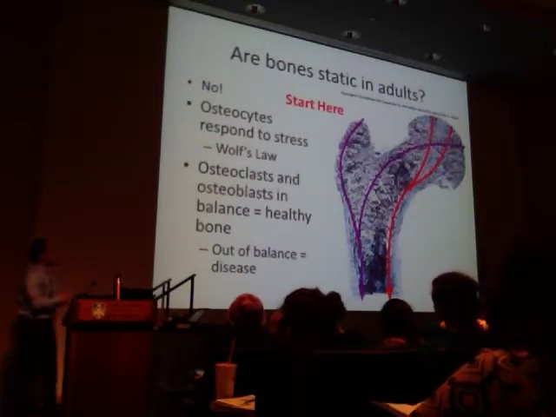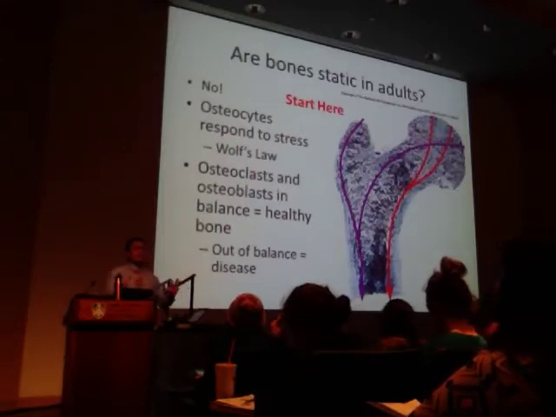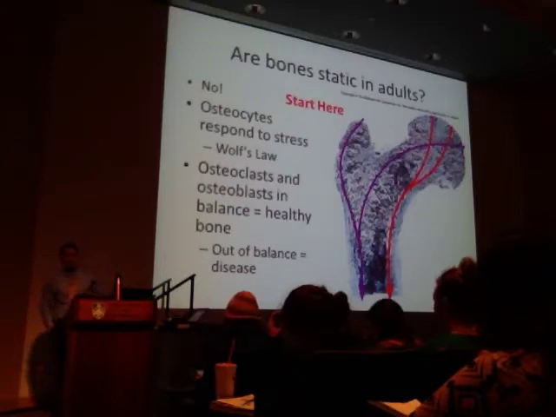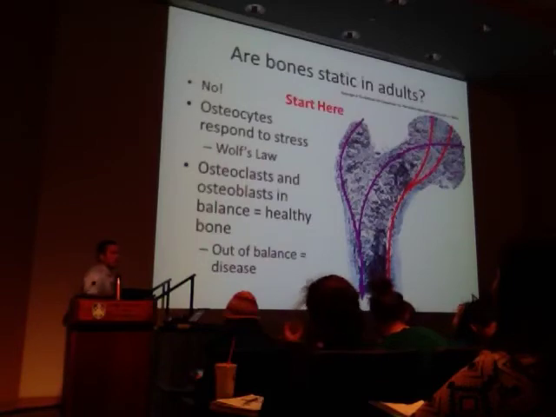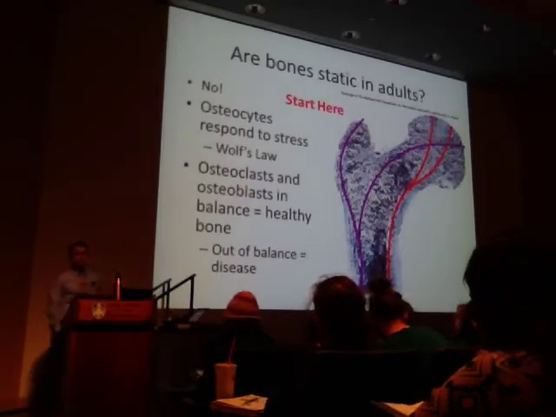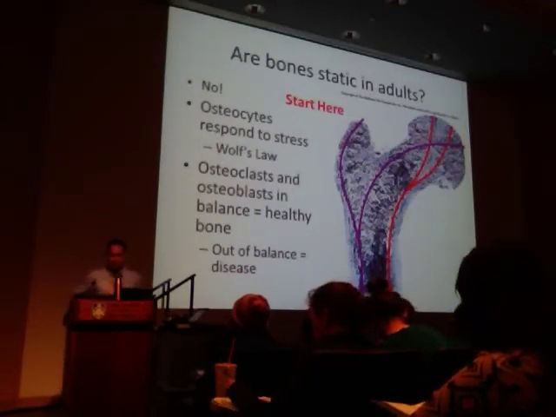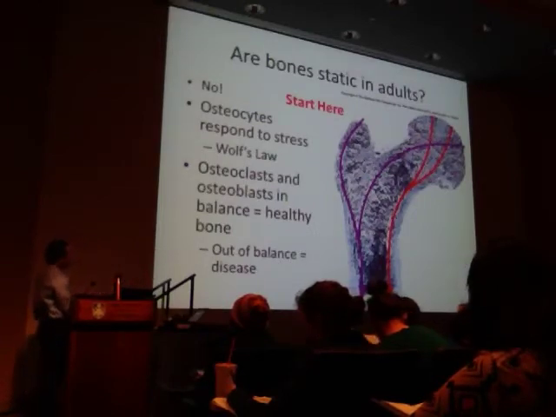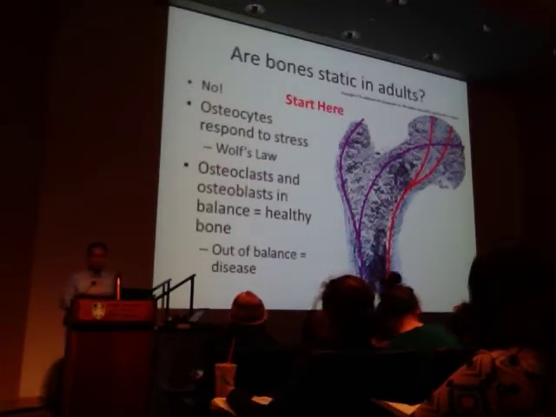So this question, are bones static in adults? Absolutely not. Even after all that happens and we close our growth plates, we still get remodeling of bone. And that's one of the big themes of this last lecture. This all occurs via a process known as Wolff's Law. Julius Wolff was a German anatomist, and he basically said that osteoclasts and osteoblasts are in a balance, in a healthy environment.